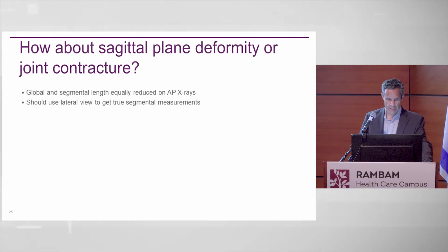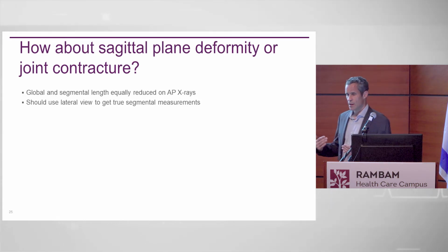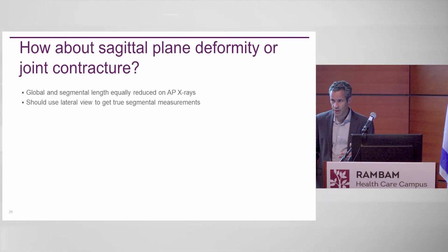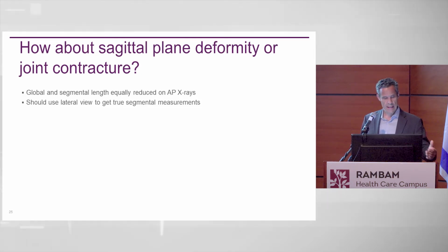So how about sagittal plane deformity or joint contracture? Global and segmental length should be equal on the AP x-rays. If the patient has a knee flexion contracture, then it may look like when their right knee is bent that the right lower extremity is shorter, and in that case you need to look at the lateral x-ray to measure your segmental lengths and get the true measurement for segmental.